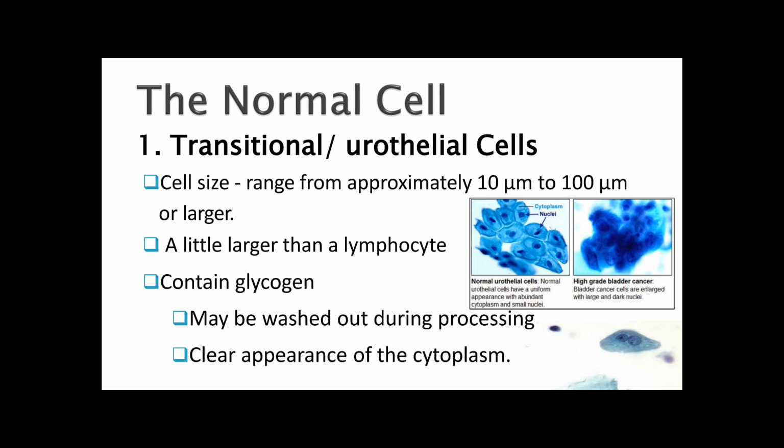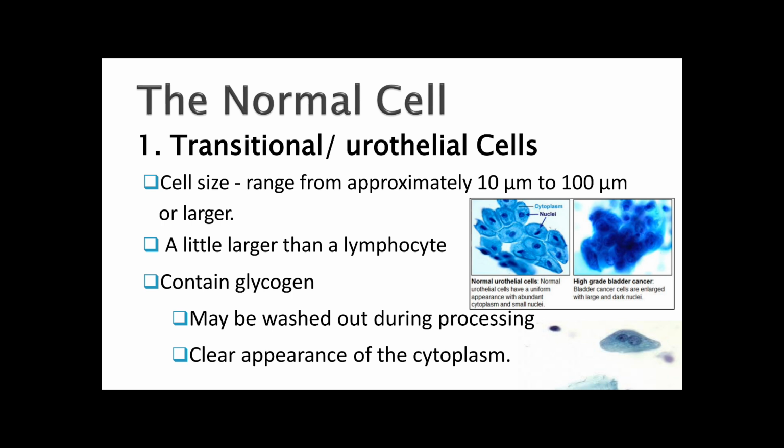So when we consider the normal cells in a urine specimen, first one is the transitional or urothelial cells. These cells range from 10 micrometer to 100 micrometer or larger.